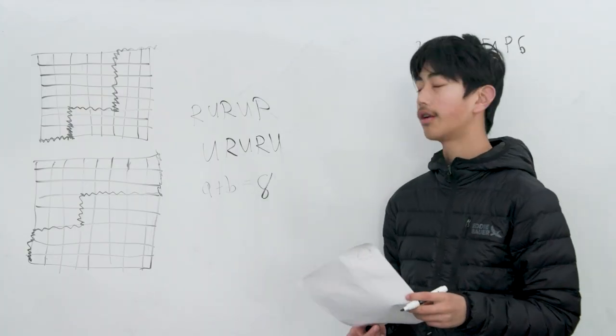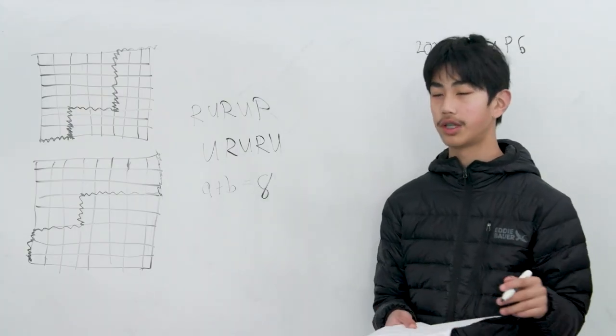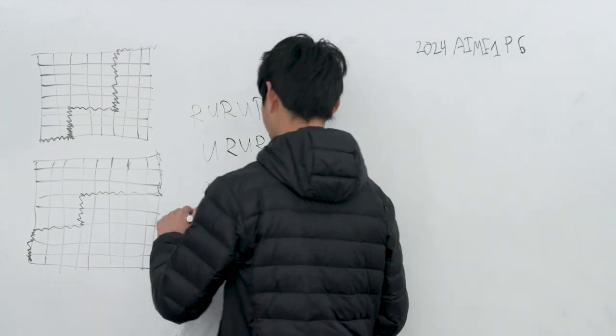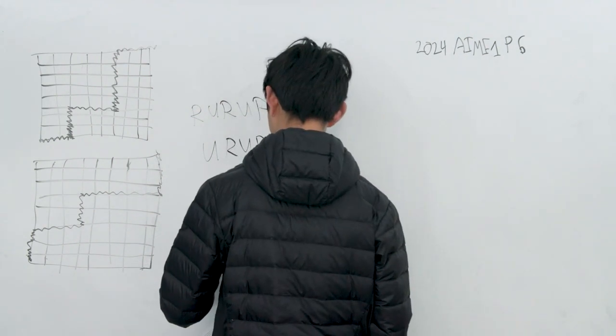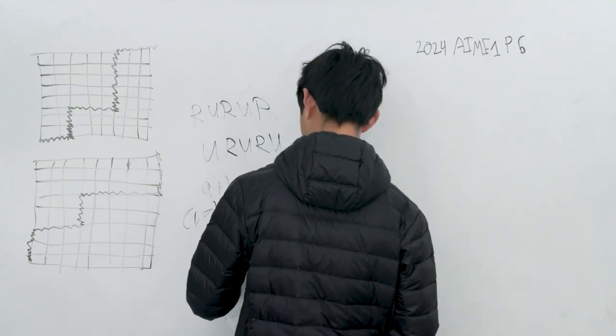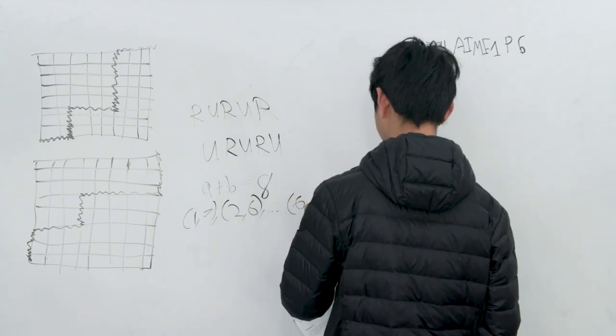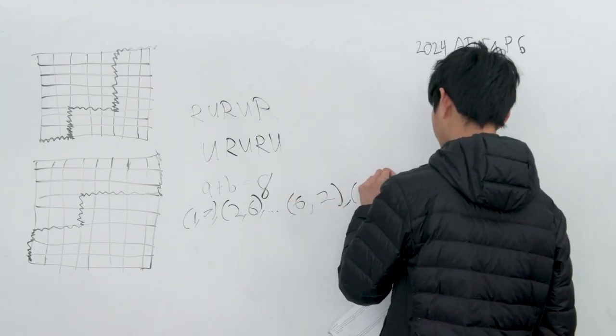So we therefore have 7 resulting pairs of A and B: 1, 7, 2, 6, dot dot dot, all the way to 6, 2, and 7, 1. That's a 7.